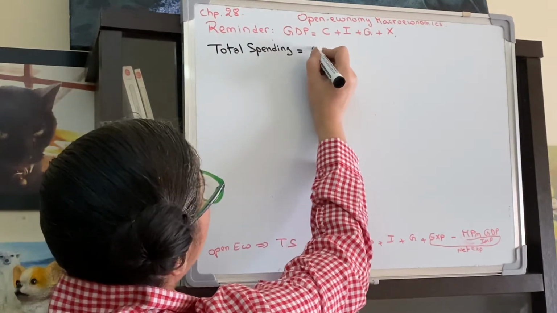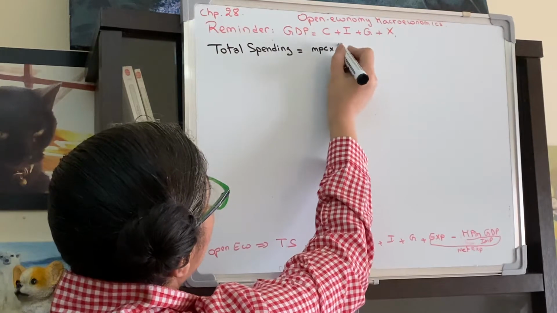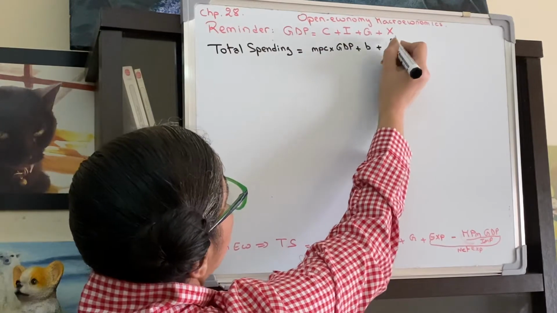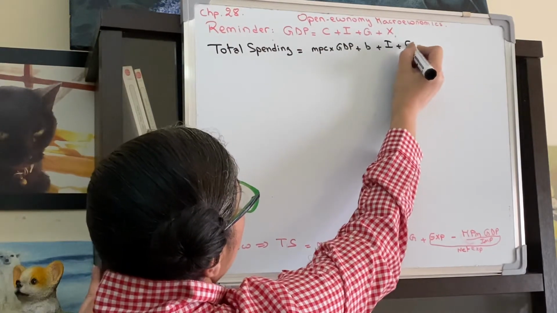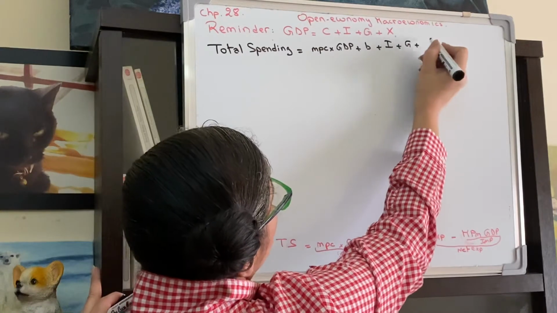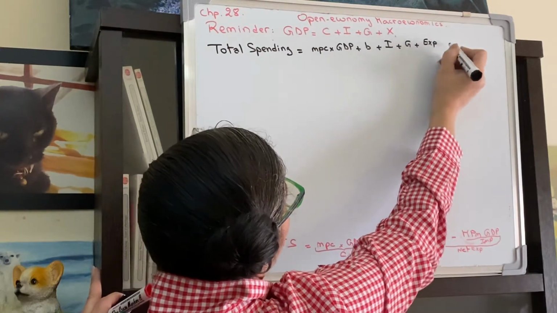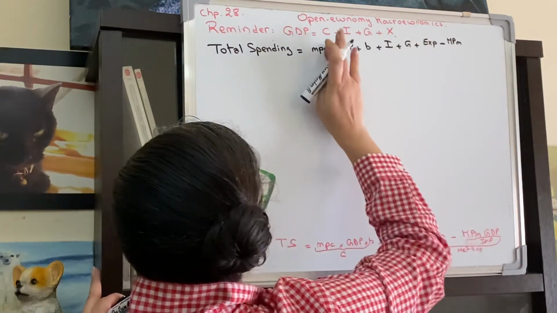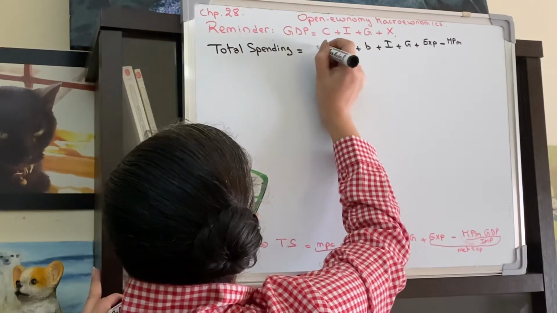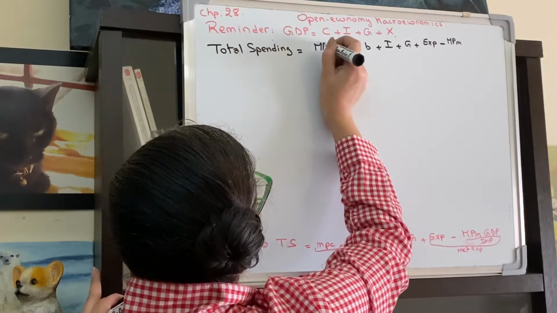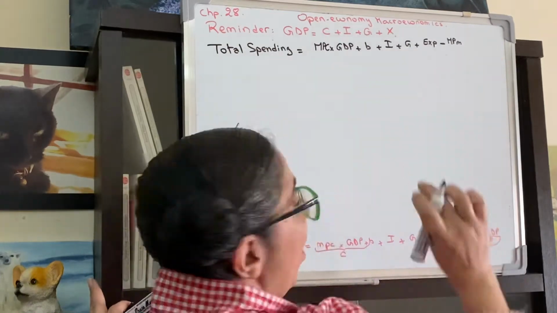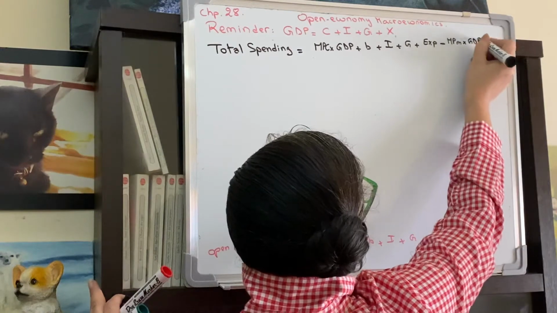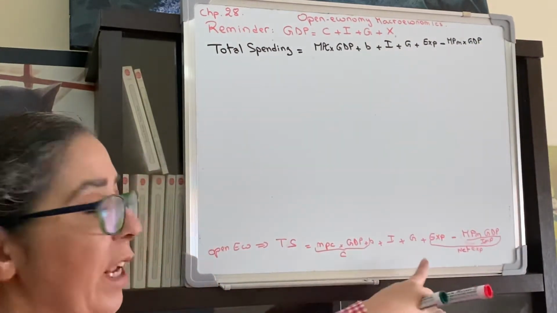So we said it's MPC times GDP plus constant B plus I plus G constants plus exports, also a constant, minus MPM. I should write MPC also bigger, capital letters. I don't know why I always write it small letters. Anyway, MPM times GDP. What I did right here is just rewrite this, okay?